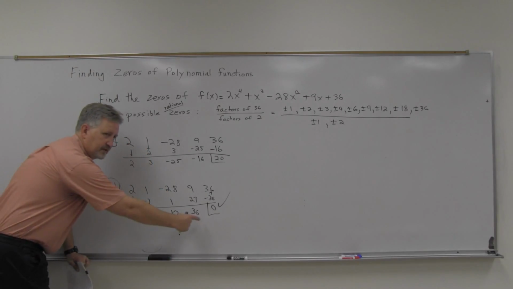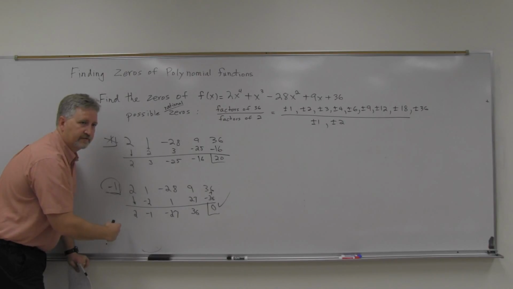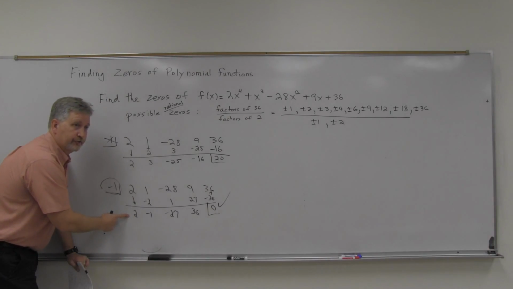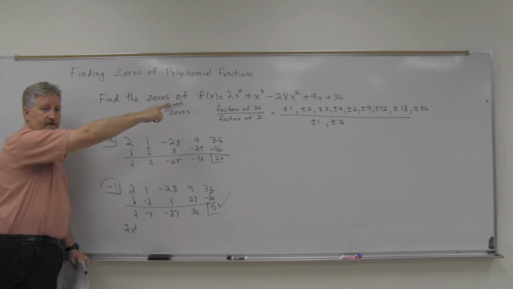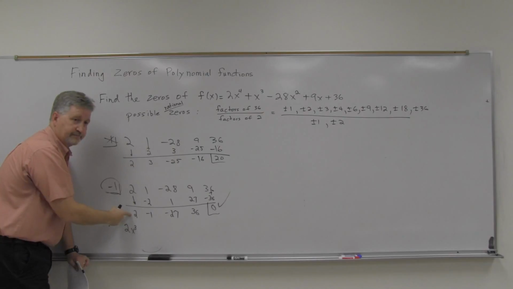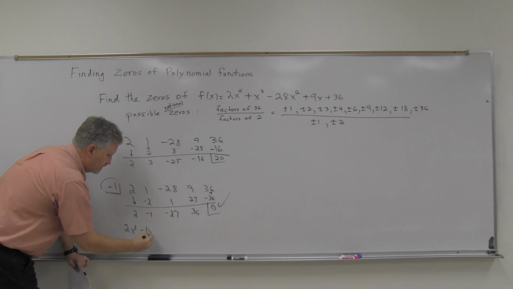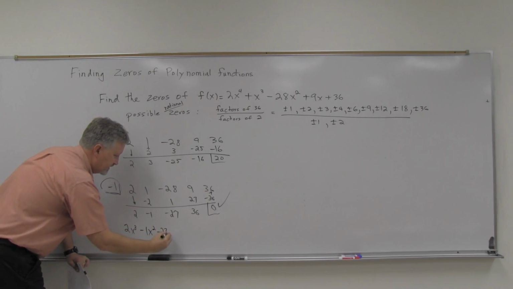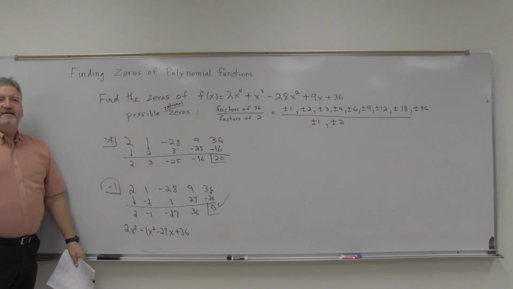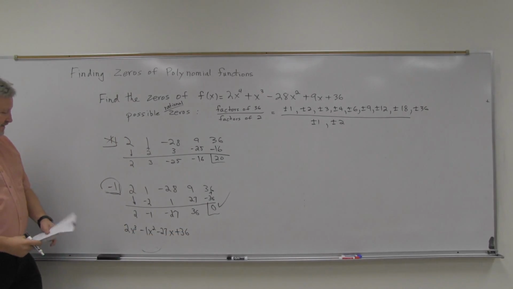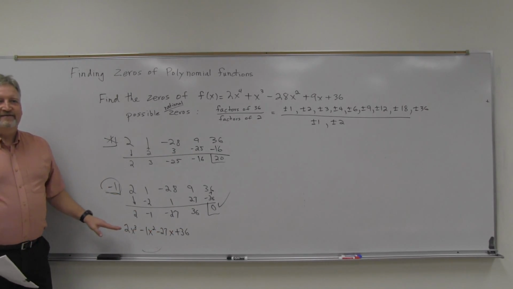Now we have another dilemma here though. Because what does this give me? What are the coefficients here? 2 would be of x cubed, because it's one less than we started with. I started with x to the 4th, so this is 1 less power: 2x cubed minus 1x squared minus 27x plus 36. The dilemma is, I've still got a cube.